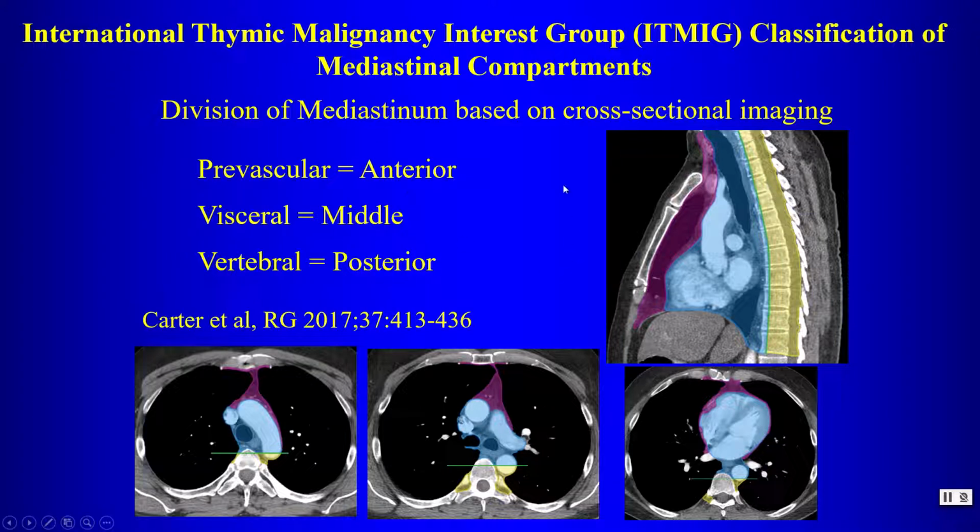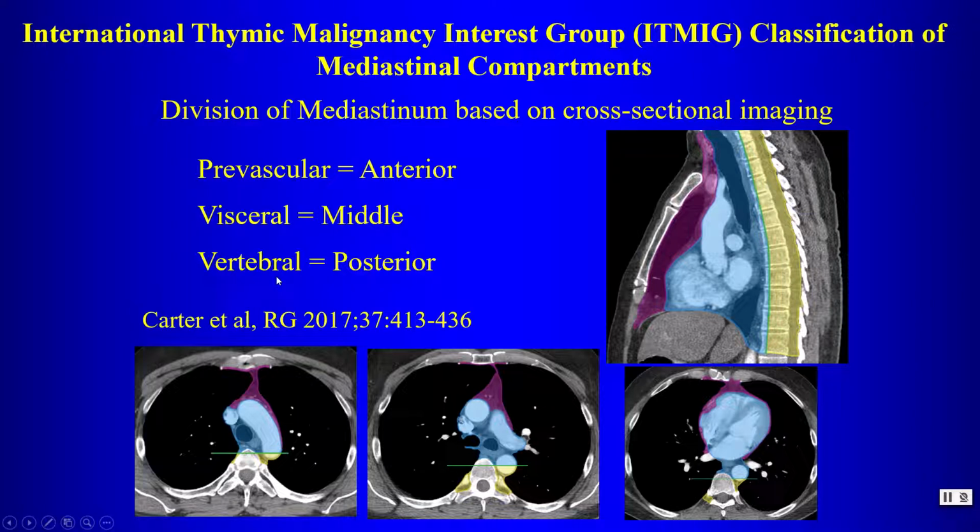But it is important to realize that there is now an accepted definition for radiologists put out by the International Thymic Malignancy Interest Group for classification of the mediastinal compartments. So this is division of the mediastinum based on cross-sectional imaging. Instead of anterior, middle, and posterior, these compartments are called prevascular, visceral, and vertebral.